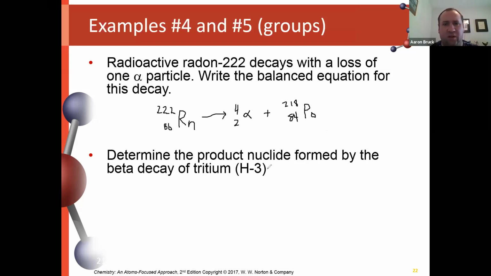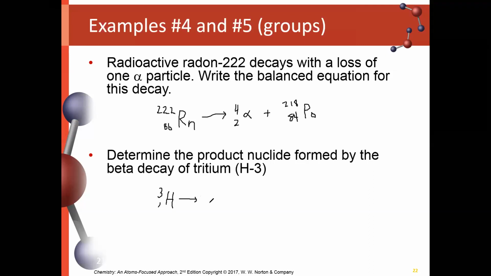Next one. What is the product nuclide formed by the beta decay of tritium? Tritium is one of the isotopes of hydrogen. Doesn't exist a whole lot here on planet Earth, but it's relatively common inside of stars. There it is. Okay.